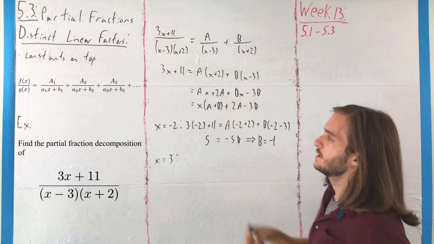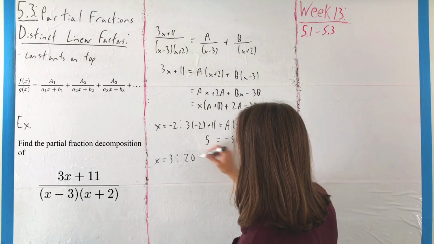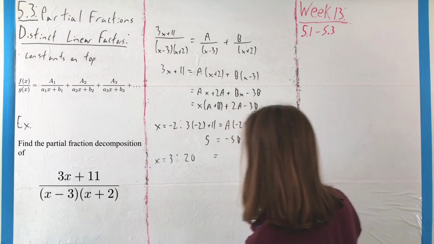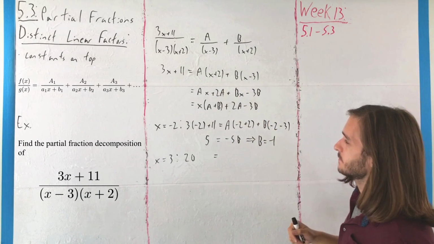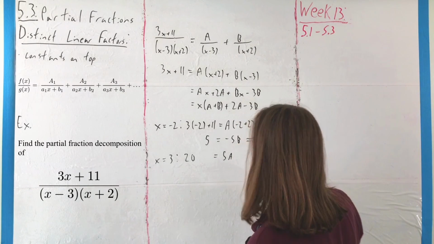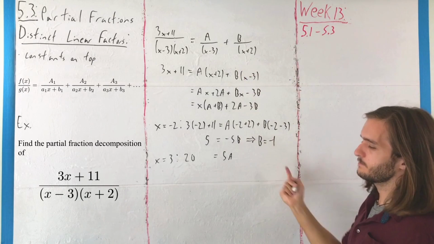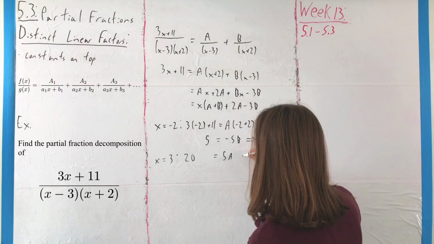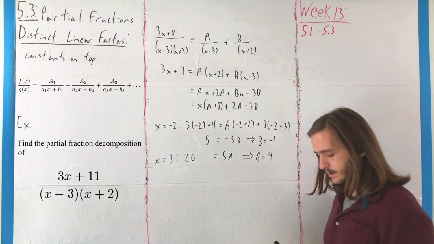You'd get 3 times 3 is 9 plus 11, which gives you 20. And on the other side, we would have a times (3 plus 2 is 5), so 5a. And then here, 3 minus 3 is 0, 0b, nothing. So we would end up getting that a is equal to 4.